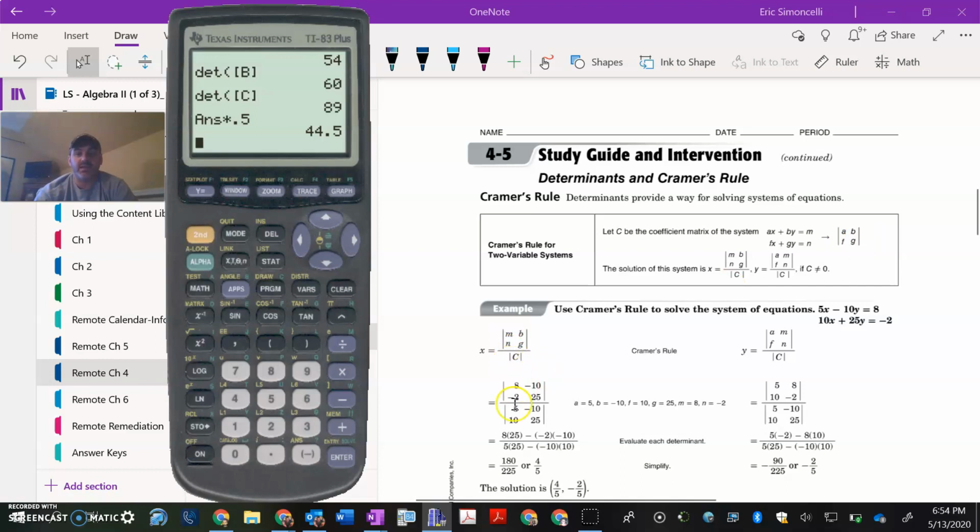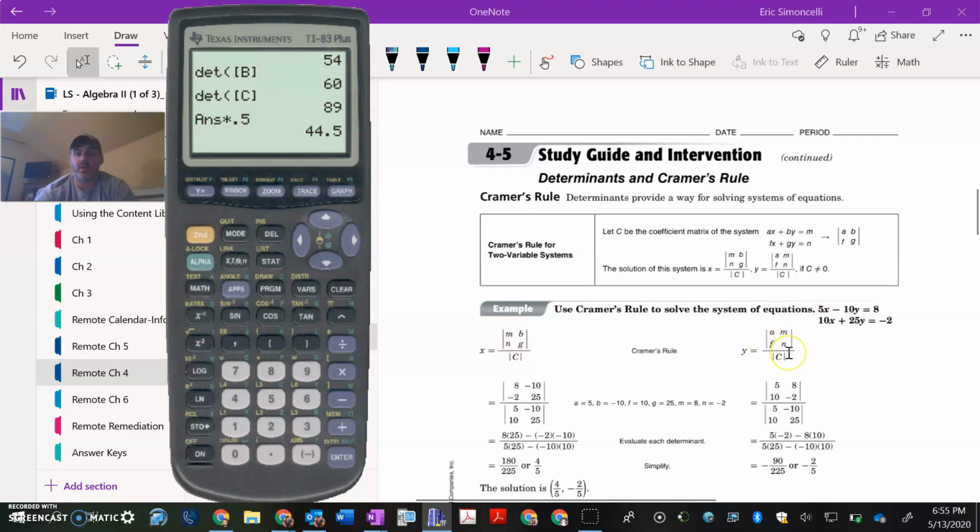So anyways, 8, -2 replaces the first column, while B and G are the same that we saw in the beginning, -10, 25. Similarly, you can see that with the numerator of the Y coefficient, or Y variable matrix and determinant, we've got 5, 10. Where did 5, 10 come from? Well, 5, 10 come from the original problem. That represents A and F, essentially. And that says it up above as well.